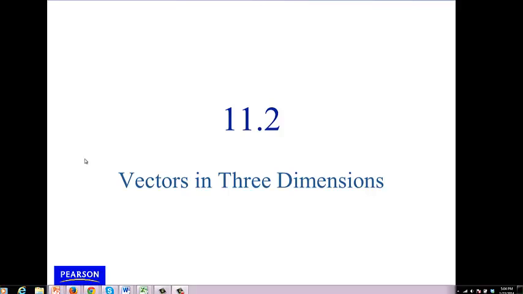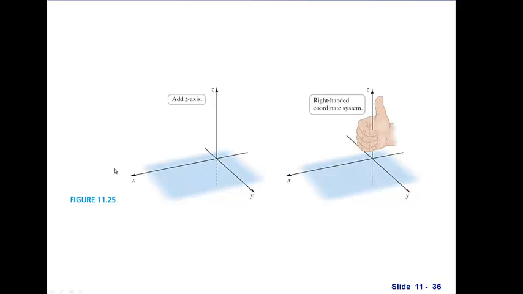Now let's take a look at the XYZ coordinate system. A 3-dimensional coordinate system is created by adding a new axis, which we call the z-axis, to the familiar XY coordinate system.